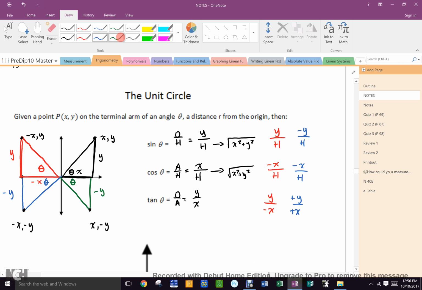That's positively amazing. And what's our green theta? What's our green sine? Negative y over h. Then what? X over h. And then what? Negative y over x. Now, all that should tell you something, shouldn't it? It should, but I don't know. You will know in a second.